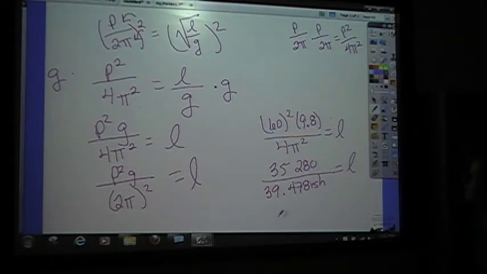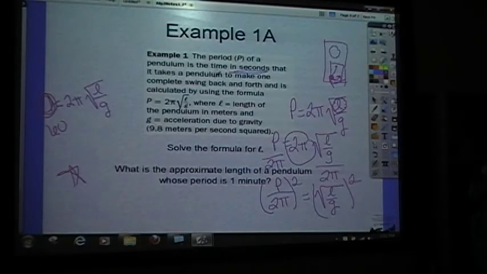And I got 893.65. And we're talking about, I believe, what is the unit here? Meters, because we have meters per second squared. So that's going to give us meters, yes.